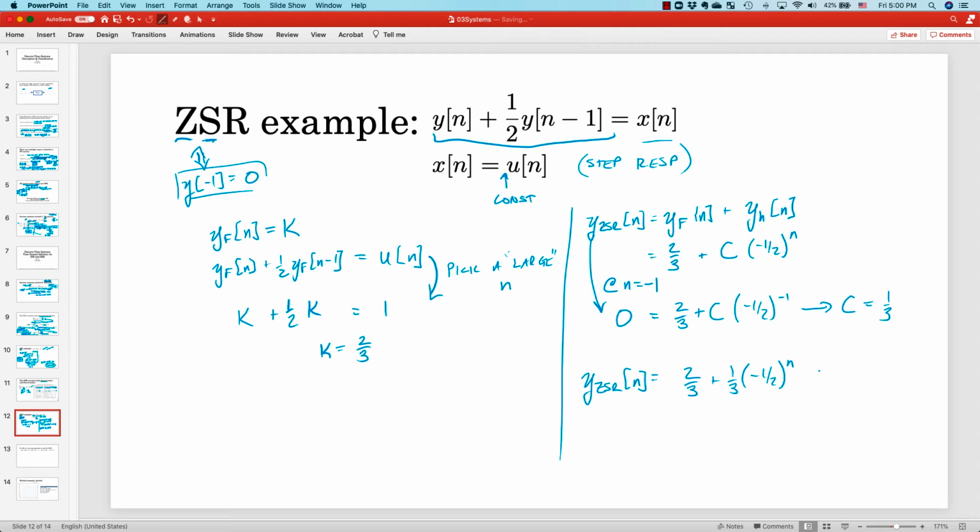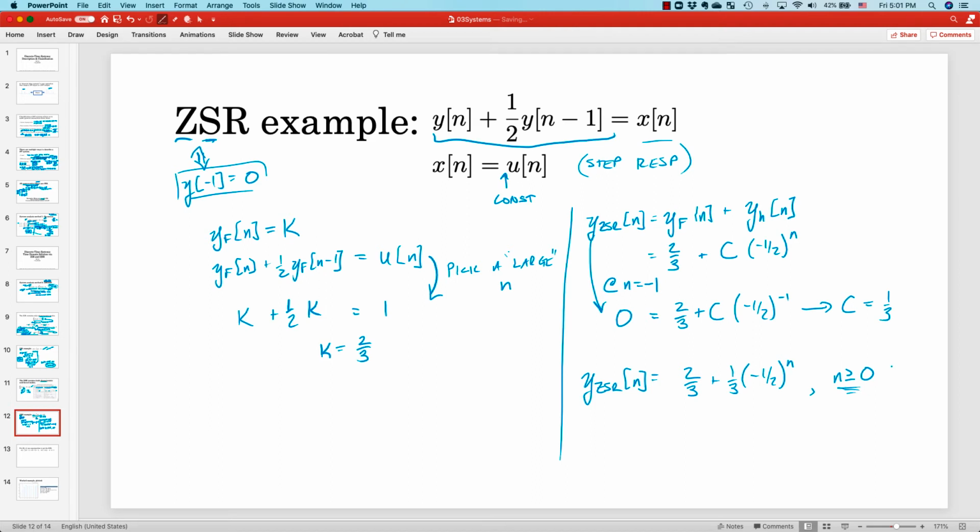Now there are two ways that I could finish this. One would be to say, comma, n greater than or equal to 0, because the response to a step, and the step starts at n equals 0, can't preclude or predate the step time. So this response, because we have a causal system, has to start no earlier than when the input started. So that's the argument for this.